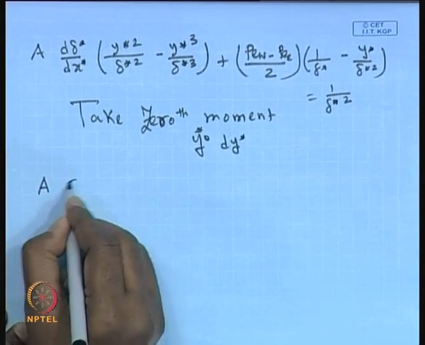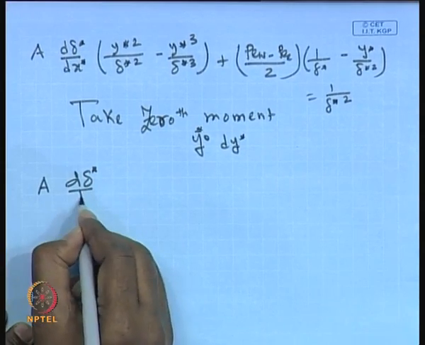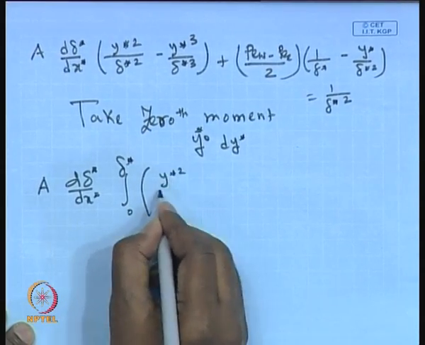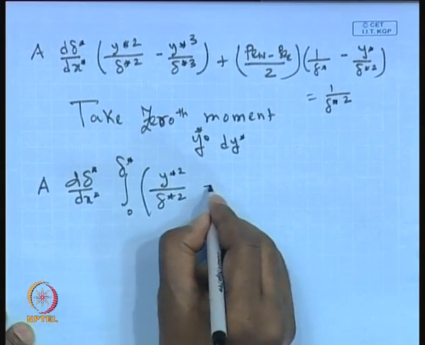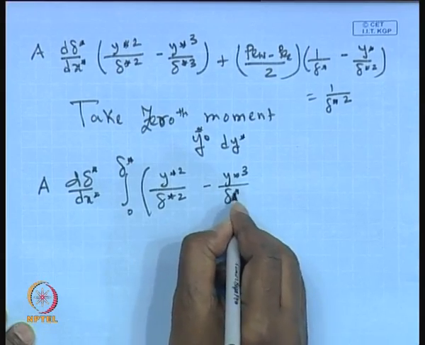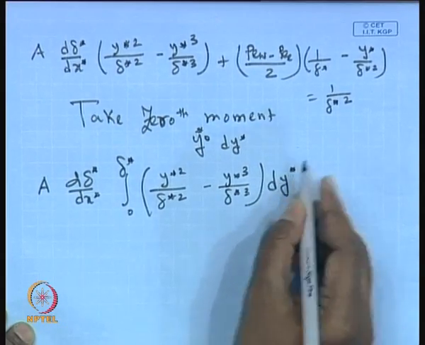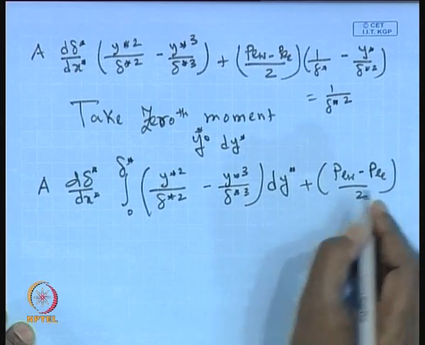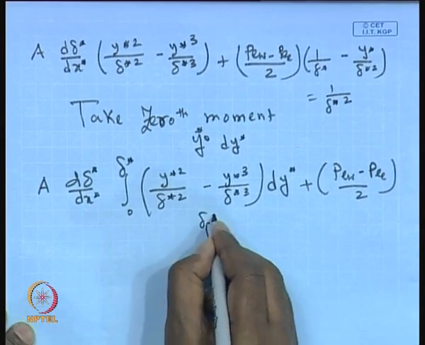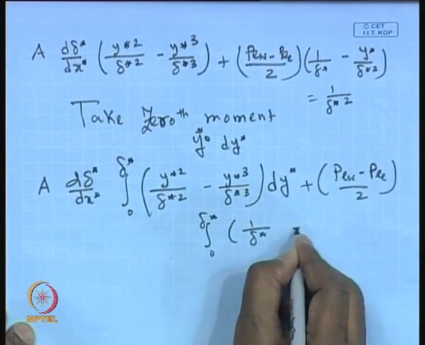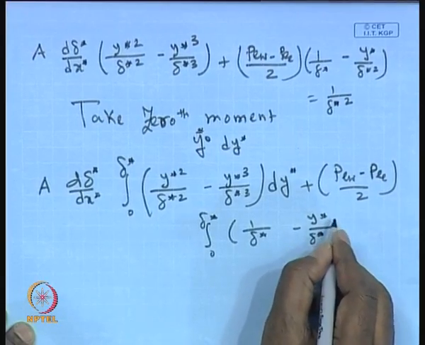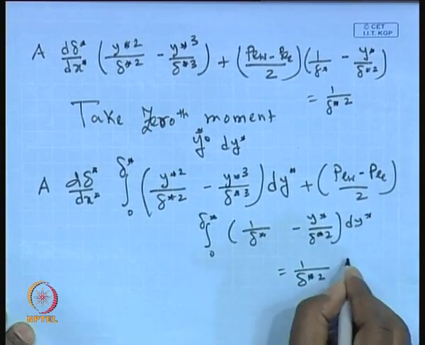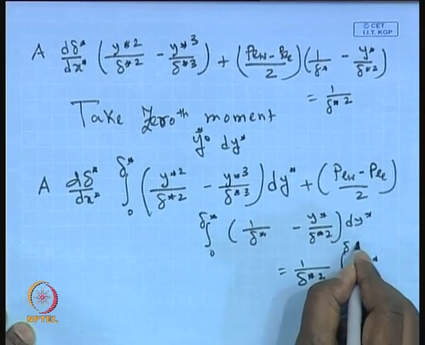So, it will be A d delta star dx star, 0 to delta star, y star square by delta star square minus y star cube divided by delta star cube dy star, plus P w minus P e e divided by 2 multiplied by 0 to delta star 1 over delta star minus y star by delta star square dy star, and on the right hand side you will be having 1 over delta star square dy star, 0 to delta star. Okay.